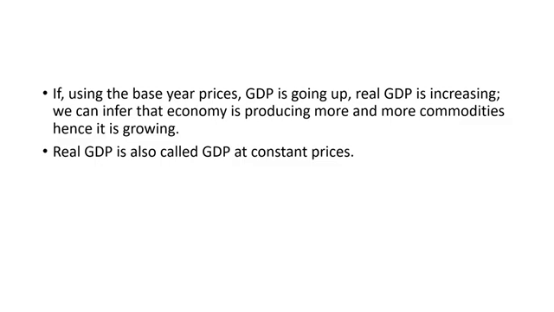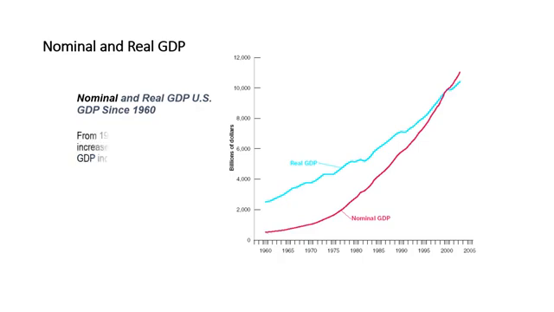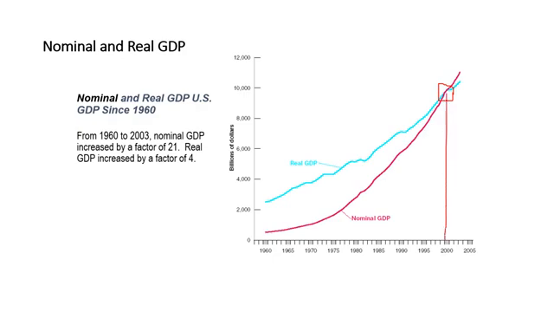If we graph nominal and real GDP of a country, we may find a year where both nominal and real GDP are equal. This indicates that this is the base year.